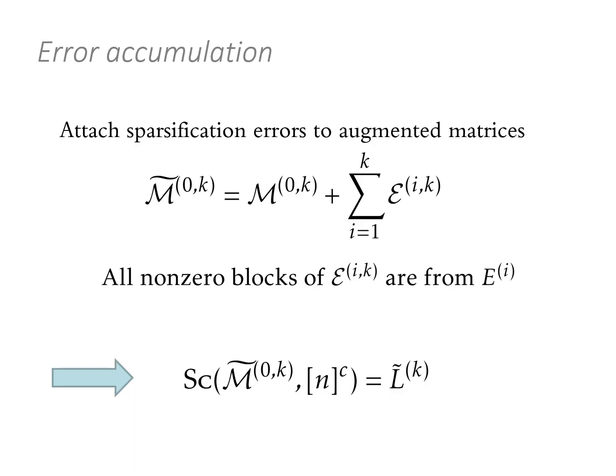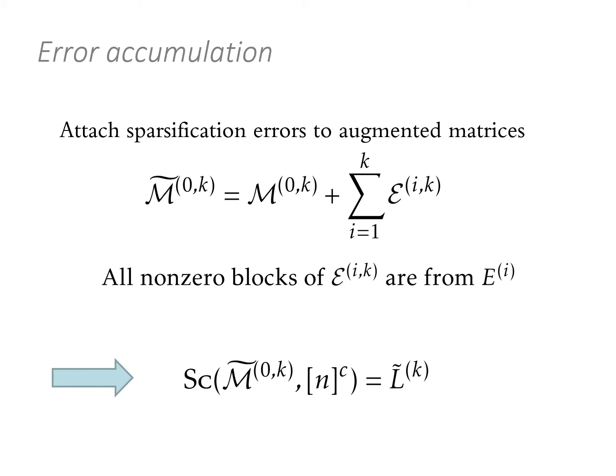For the third question, that is how the error accumulates with respect to k. Recall that Lk is a short complement of M0k, so we can naturally attach the errors to M0k to construct a perturbed version of M0k.